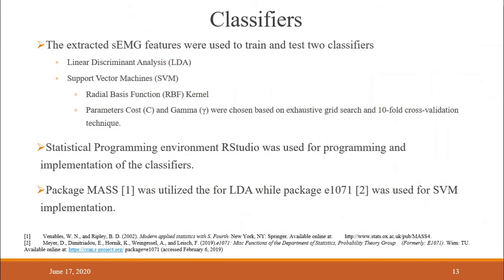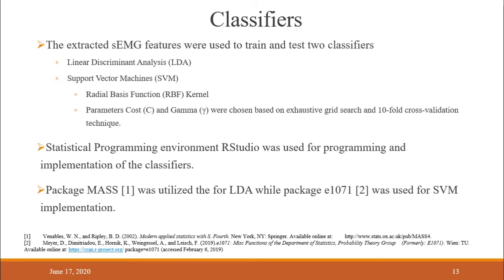The extracted SEMG features were used to train and test an SVM and an LDA classifier. The SVM classifier was utilized with an RBF kernel. The parameters cost and gamma were chosen based on exhaustive grid search and tenfold cross-validation.